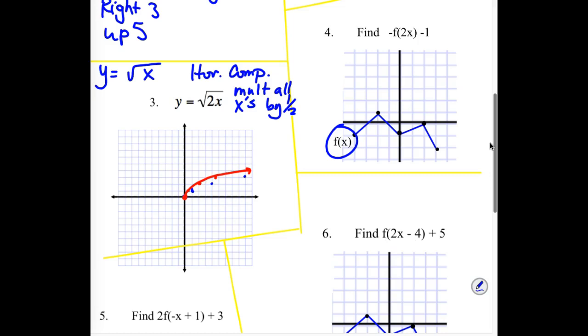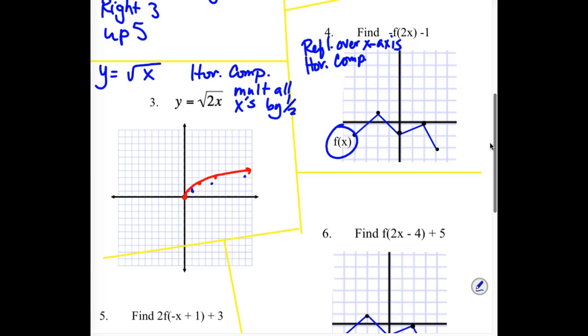So what is the negative in front going to do? Good. Reflect over x. Okay. What is the 2 inside going to do? Okay, so we're going to do a horizontal, and you do have to say horizontal or vertical. That is a horizontal compression.